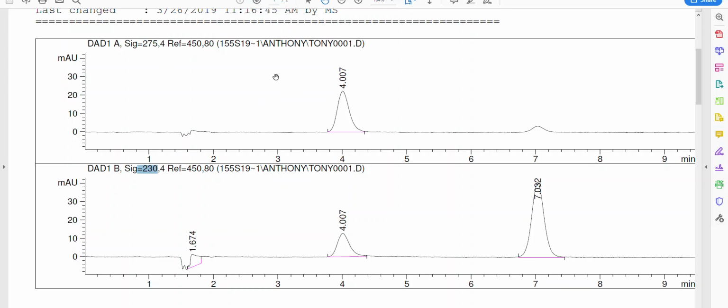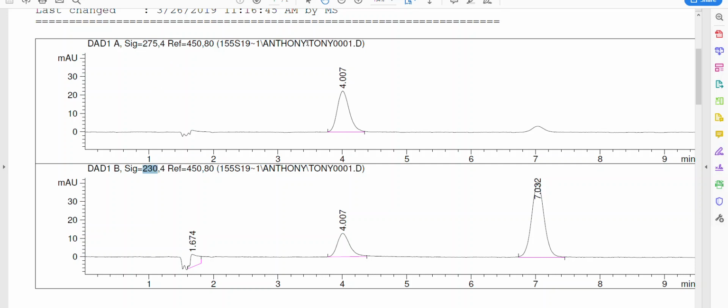Now, you can see that at 275, the peak at 4 minutes is somewhat larger here. It's about 30 versus about 10 or 12 MAU at 230 nanometers.